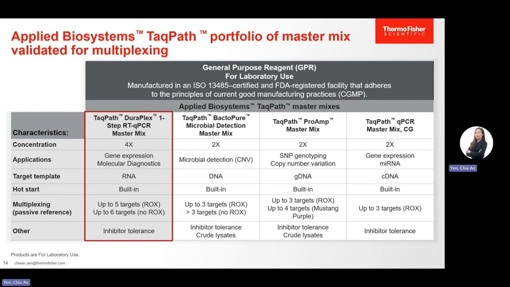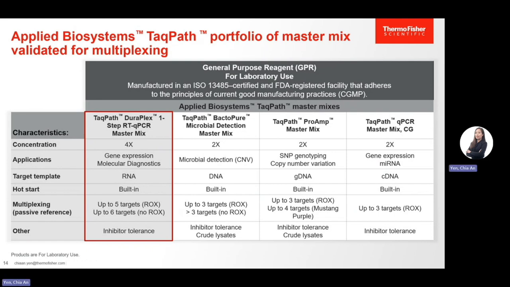At Thermo Fisher, we have 4 different qPCR mixes that are tailored to different application needs and validated for multiplexing. All of them are also designed with inhibitor tolerance in mind in case you encounter difficult samples, which can further reduce the sensitivity on top of scaling up from 1-plex to multiplex reaction.